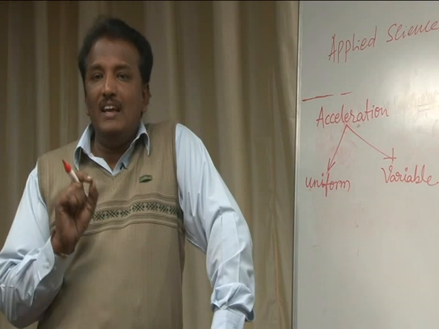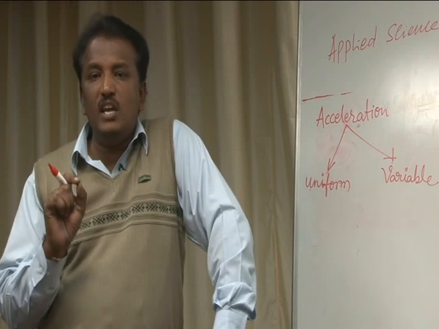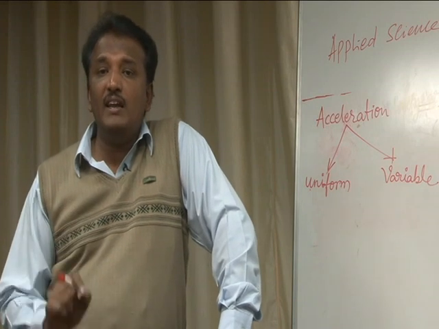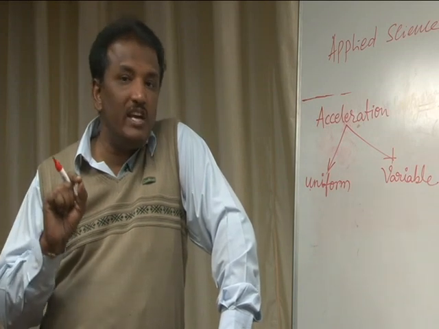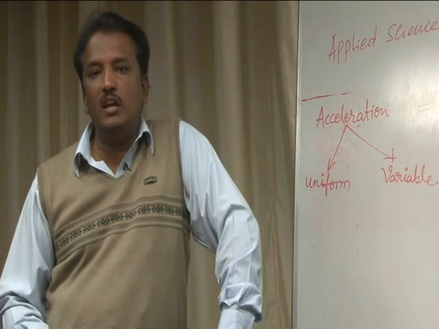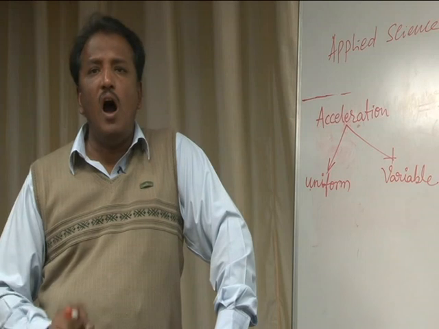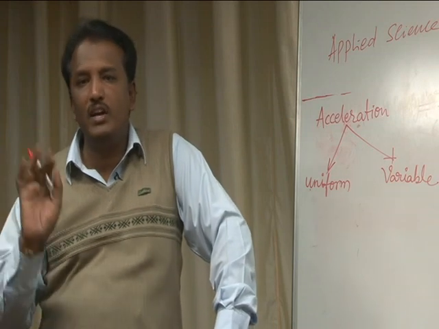A body is said to possess a uniform acceleration if there are equal amounts of changes in its velocity in equal intervals of time, however small the intervals may be.